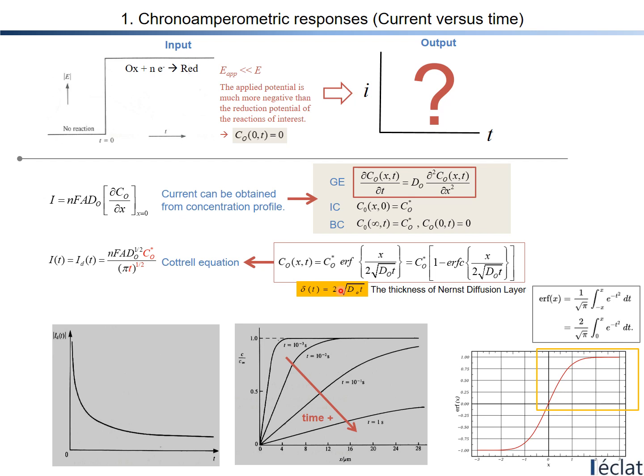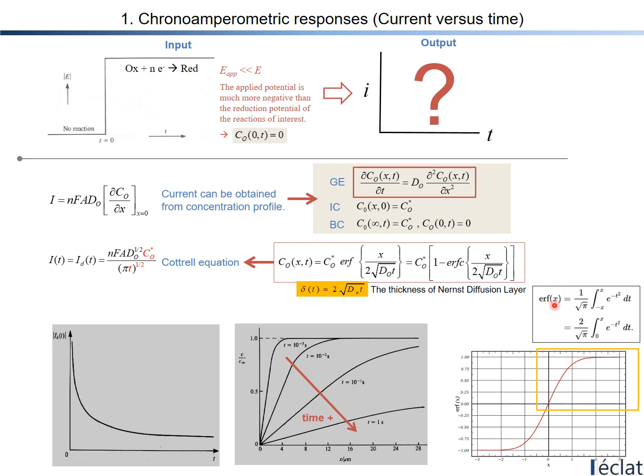Anyway, let's go back to the concentration profile. We have the concentration profile, which is a function of x and also time. Let me think about the shape of this concentration profile. Also, what is the error function?